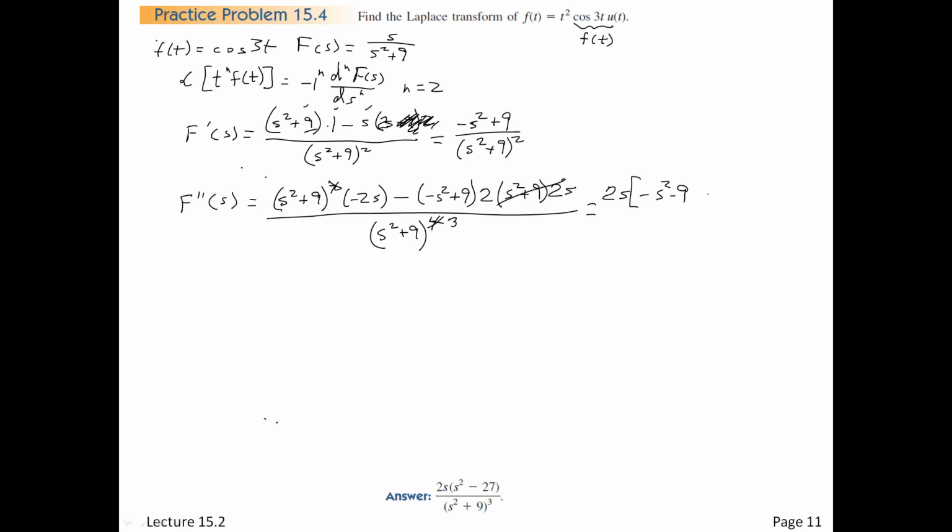All right. And now if I pulled out this 2s and that 2s, left the minus sign, now I've got 2 times minus minus, that's plus 2s squared.